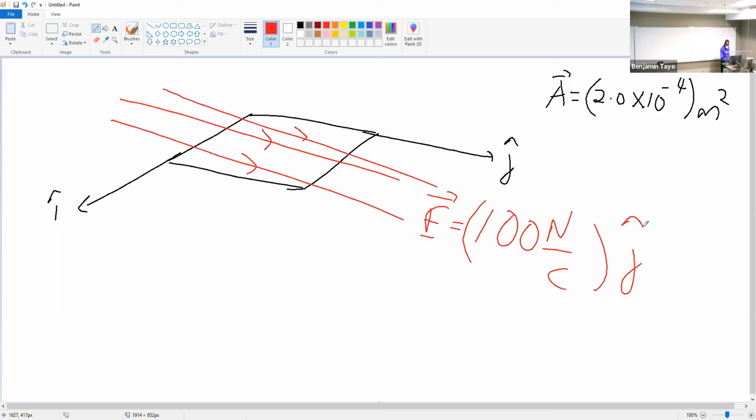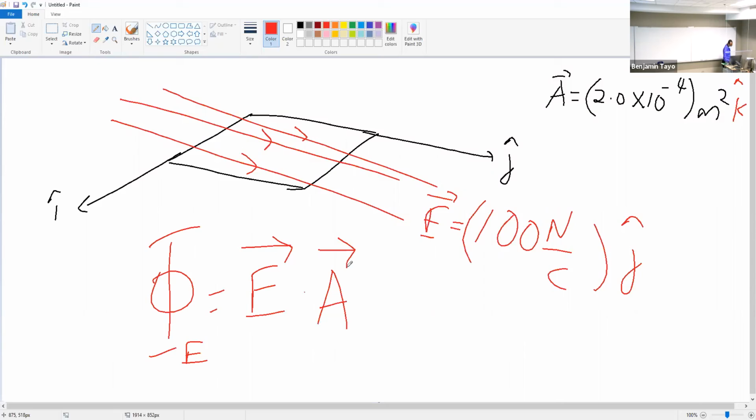So notice that my area vector was in the K hat, because we said that the area vector must always be at 90 degrees with respect to that plane. Now, in this case, when I calculate my electric flux, what do I get? Zero.